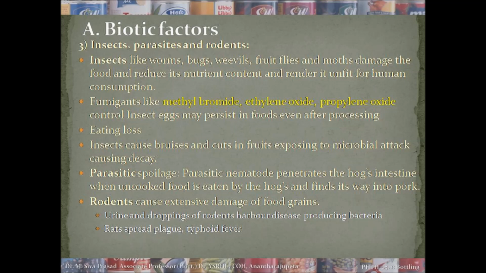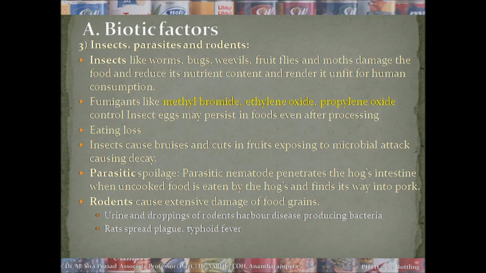They damage the food; they feed upon it and consume it, and even the eggs hatched by these adults tend to survive even when the food has undergone processing. These eggs and the adults can be controlled by fumigation using certain chemicals like methyl bromide, ethylene oxide, and propylene oxide, which will control these insect pests.